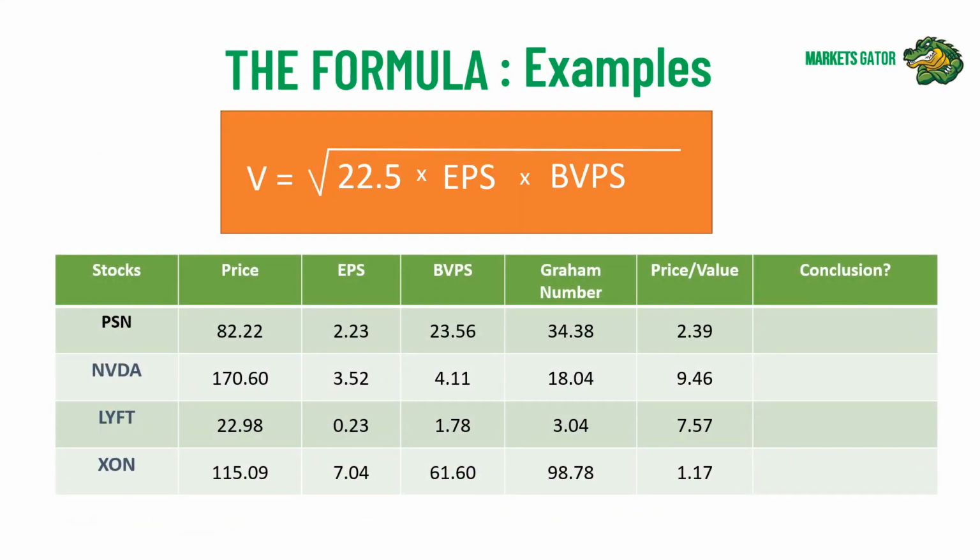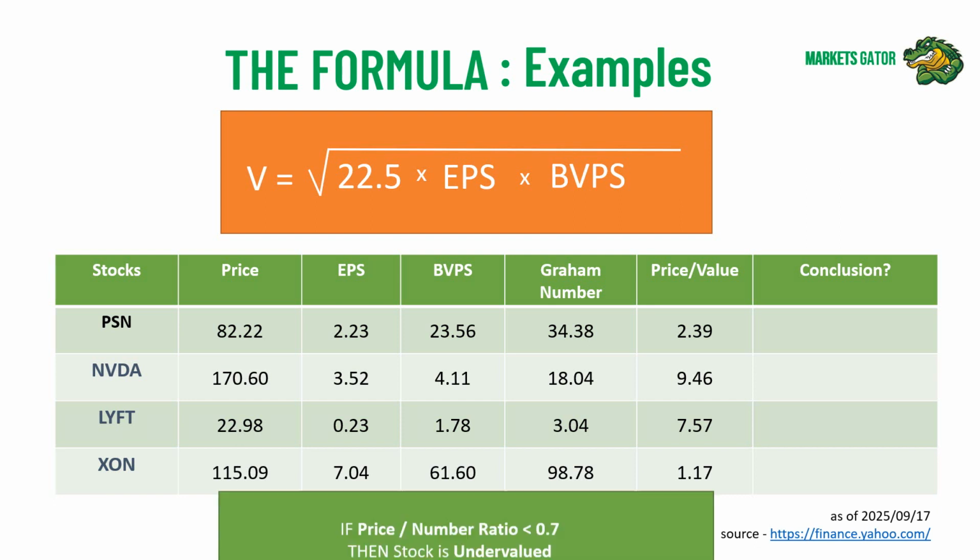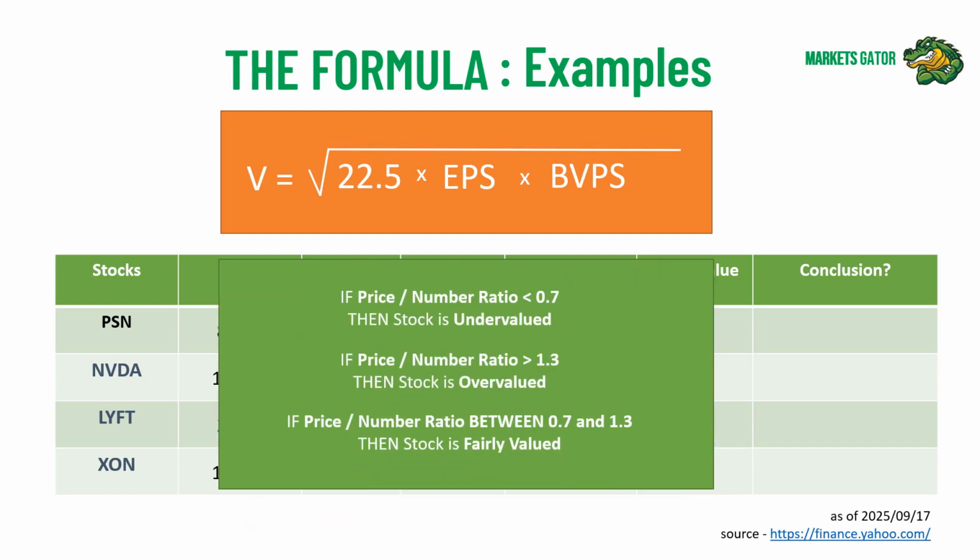After plugging in the numbers, here are the results I've got. I also added an additional column, price to value ratio. The values there are the current stock price divided by Graham's number. Now, I will apply a simple rule to identify if stocks are fairly valued. If the ratio is less than 0.7, meaning that price reflects 70% or less of fair value, the stock is undervalued.